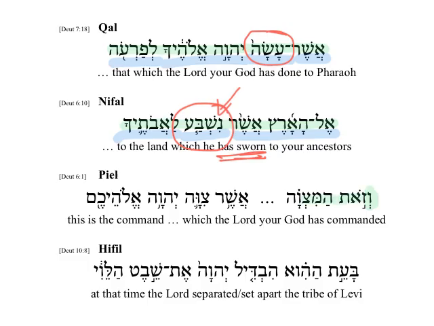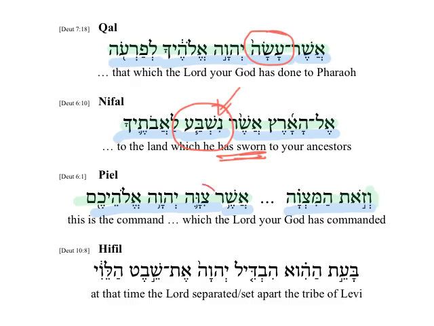Here's an example. V'zot ha-mitzvah asher tziva Hashem Eloheicha. Now in this case we have, and this is the commandment which the Lord your God has commanded.